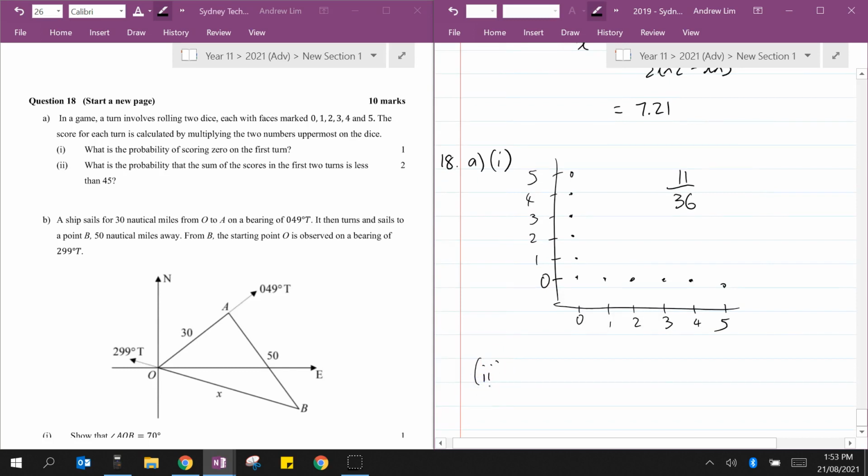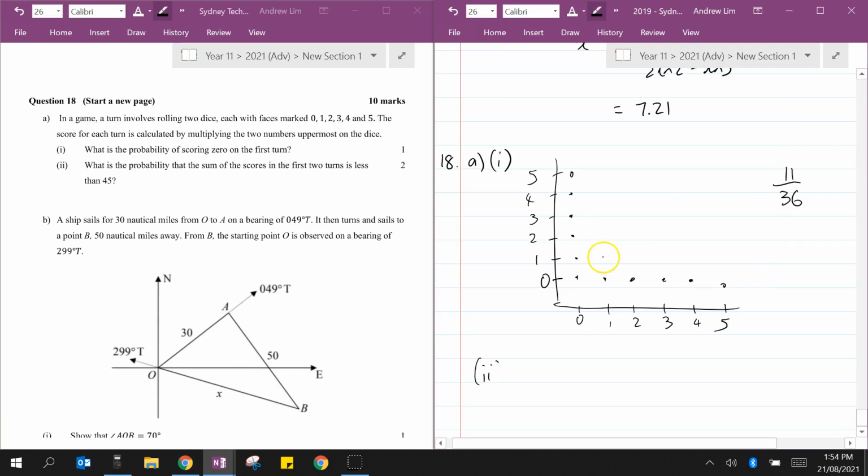Part 2. What is the probability that the sum of the scores in the first 2 turns is less than 45? Okay, so that means we need to work out. Why don't I write down what the product is of each of these?